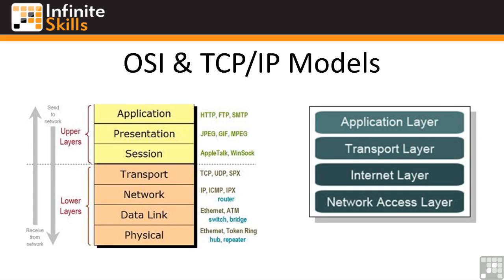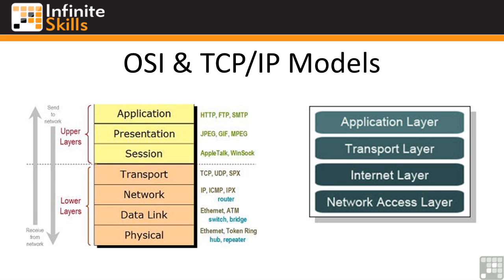Now, there's a couple of different models that you would typically talk about when we're discussing network protocols and network behavior. I'm going to just take a quick look at the TCP/IP model, and then we're going to go into the OSI model. And again, that's primarily because the OSI model is really the one that is often used and discussed, although the TCP/IP model is used sometimes as well.